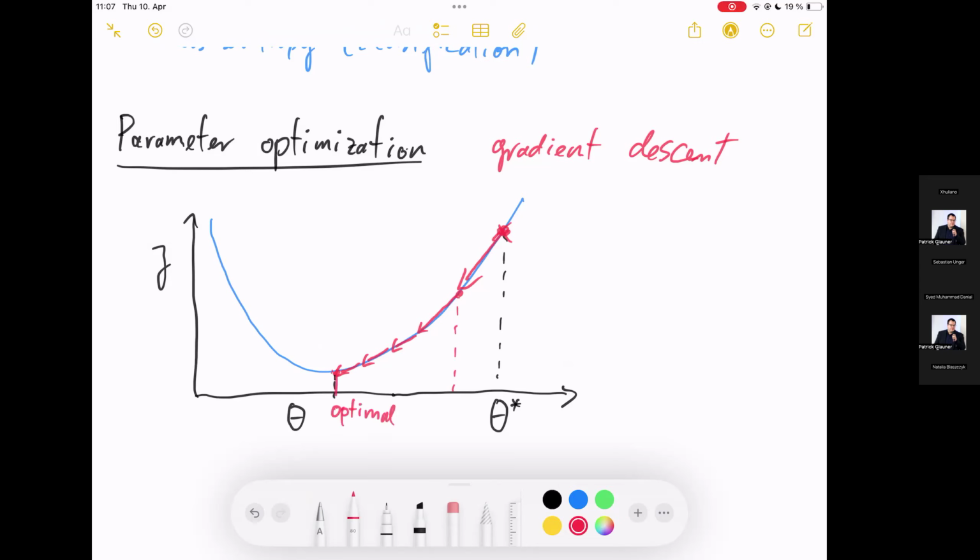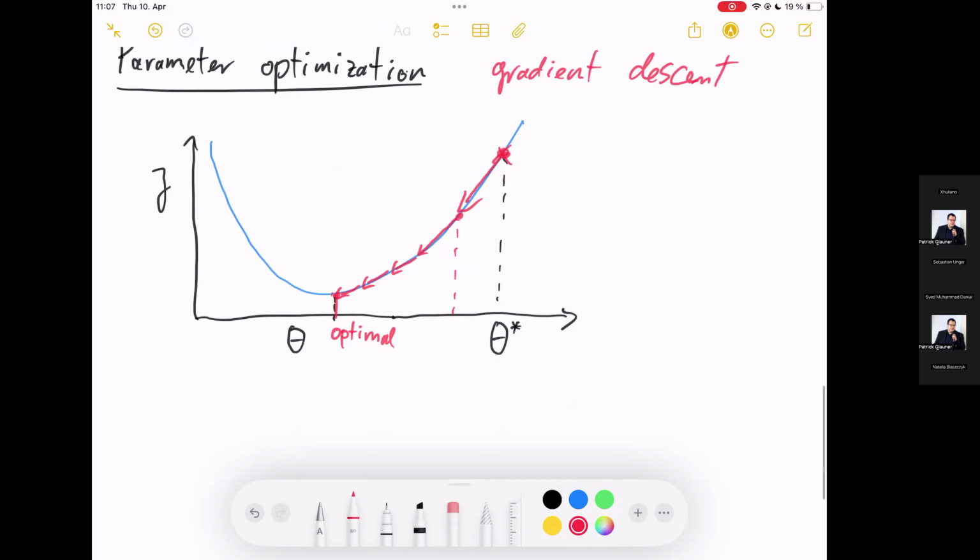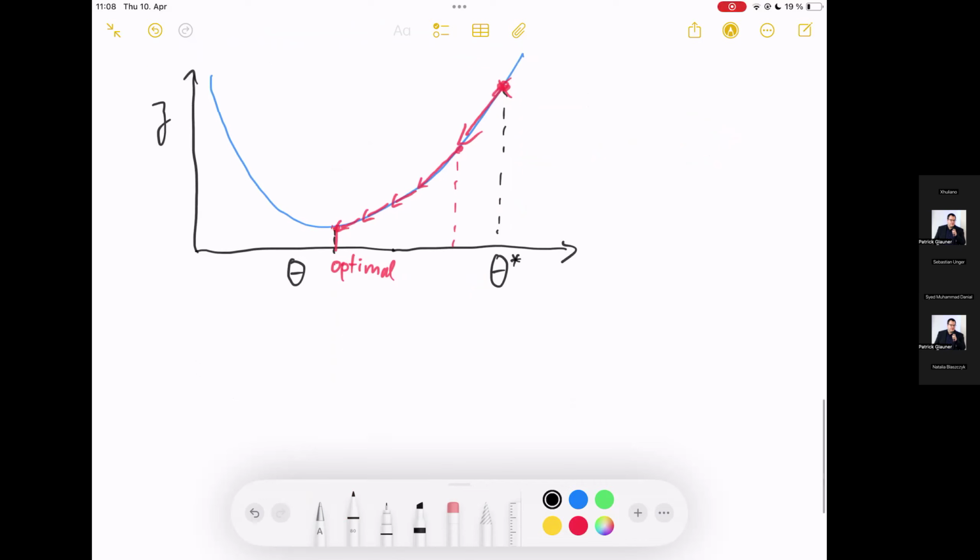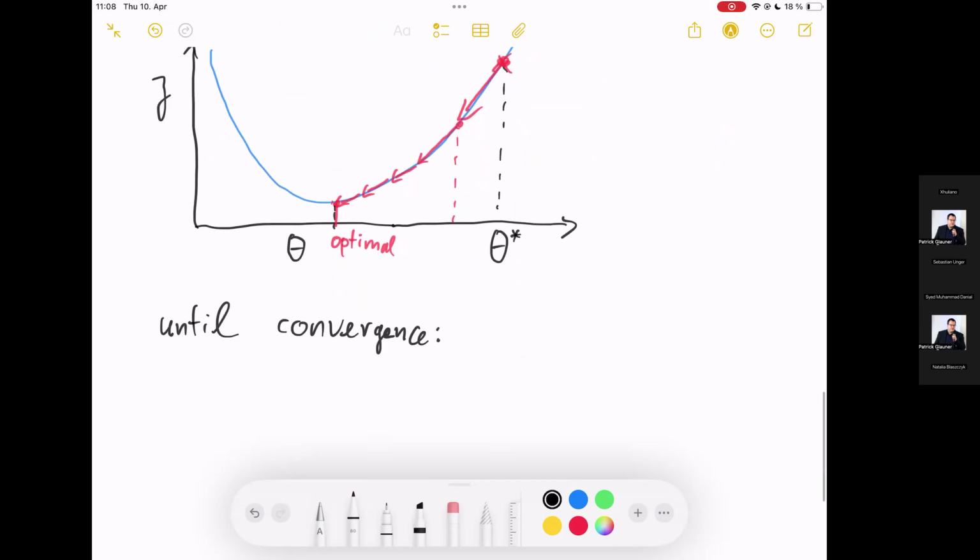This algorithm is called gradient descent. And we will look at now why it's called gradient descent. And we will try to write out what the algorithm just did. We would write just as pseudocode, until convergence, we would update our theta.